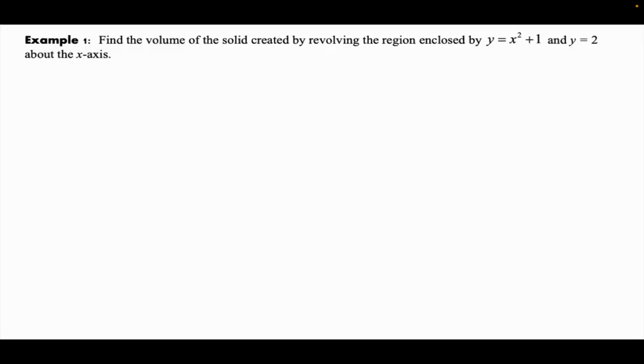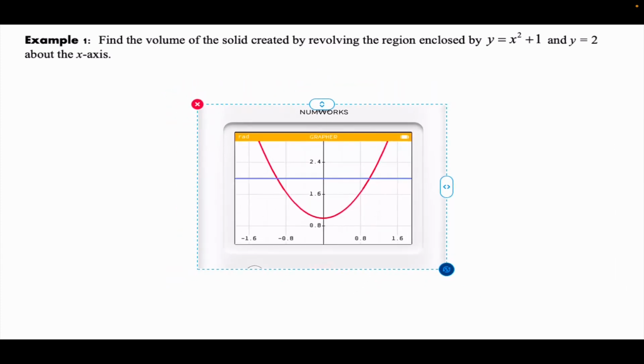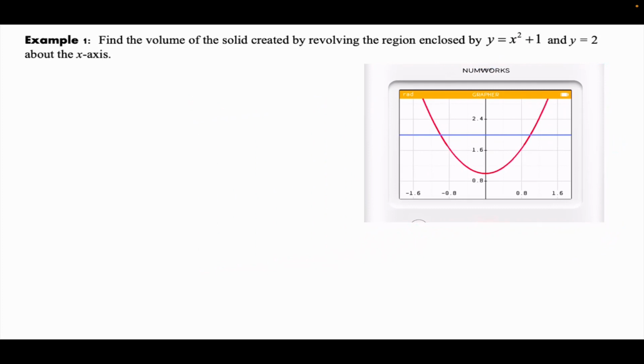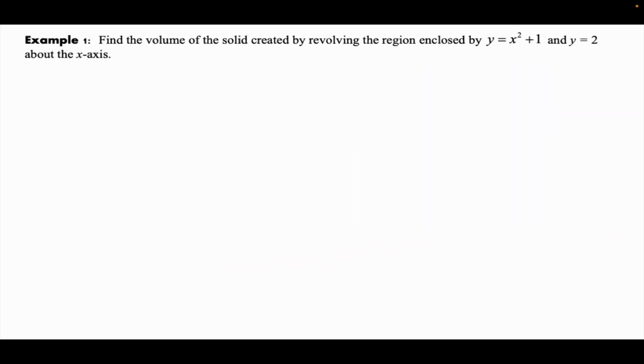So then transfer whatever picture you see, transfer it as best you can to your paper so you know what you're looking at. We're looking at the area. The part we're looking at is the enclosed area. I should probably get a better picture.